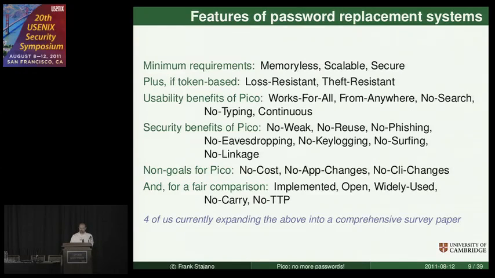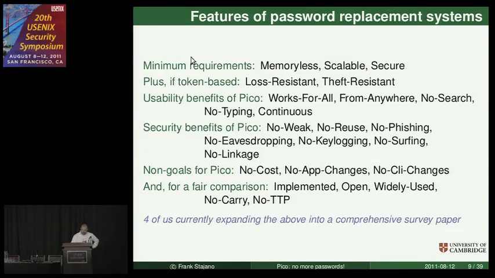So, features of the password replacement systems that I have been looking at in this growing body of related work that has now grown so big that I decided to just find some co-authors and write a separate survey paper about it because it was just becoming too large for the original Pico paper.